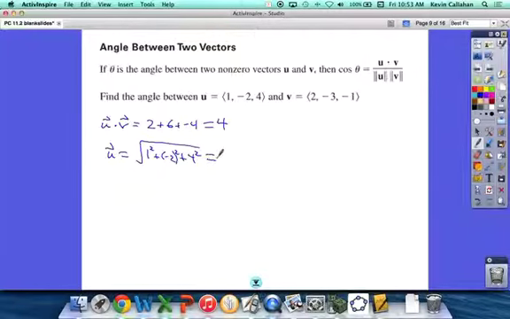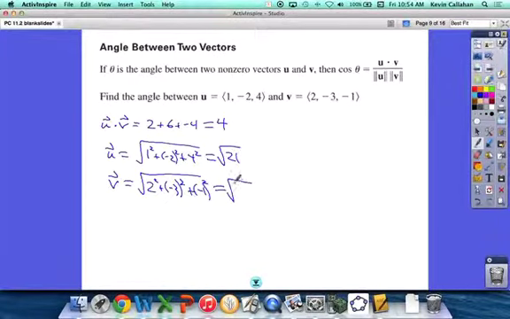How about the magnitude of V? 2 squared plus negative 3 squared plus negative 1 squared, which is 4 plus 9, 13 plus 1, 14. Right, and that's all we need to plug in. So cosine of theta equals 4 divided by the square root of 21, square root of 14.